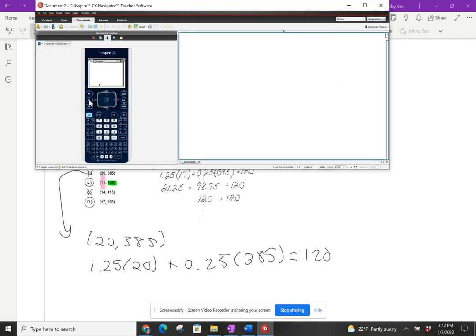So just go to the calculator, 1.25 parentheses 20 plus 0.25 385. You can use the equal sign, it's right below the control. And since it's false, it's not a solution.